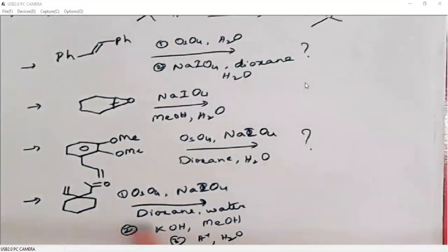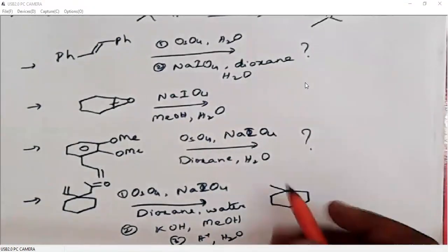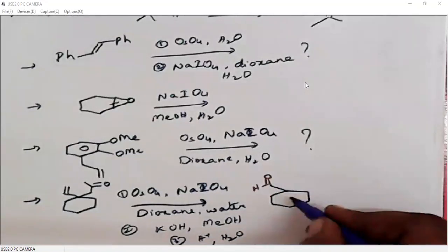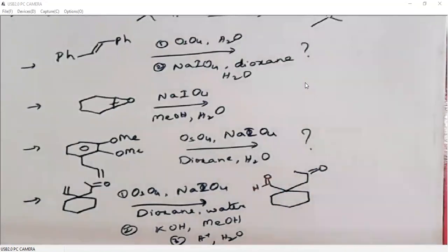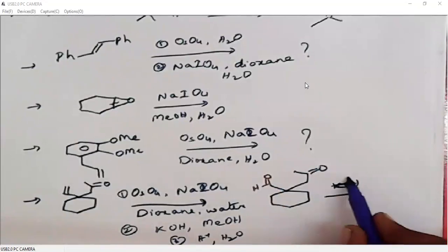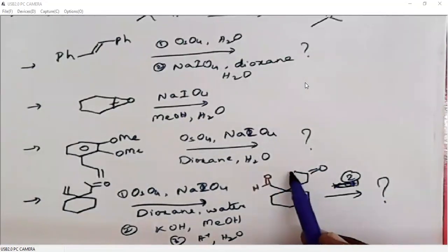So in this case, particularly see, when we do osmium tetroxide and sodium periodate oxidations, what we get is an aldehyde here, C=O, and on the other side we have a ketone. Then when we use KOH, I'll write the reagent here itself, it undergoes aldol condensation. You write the product. That means a carbonyl will undergo condensation with this.